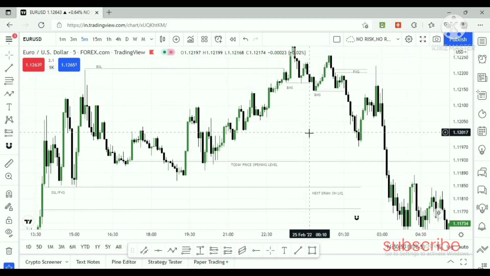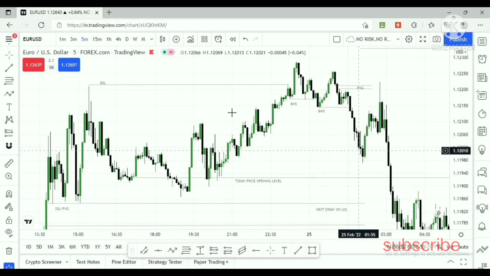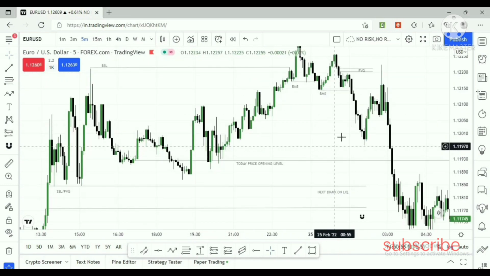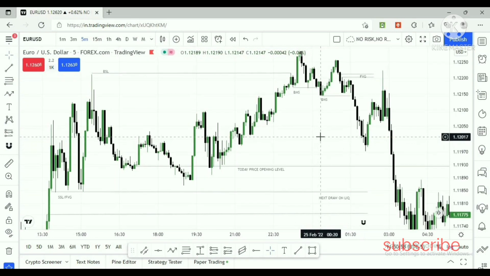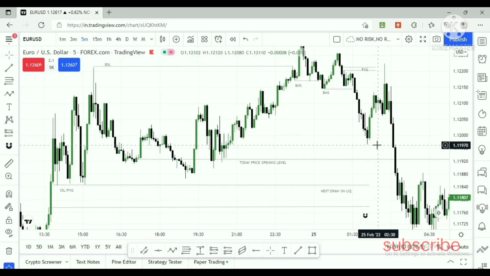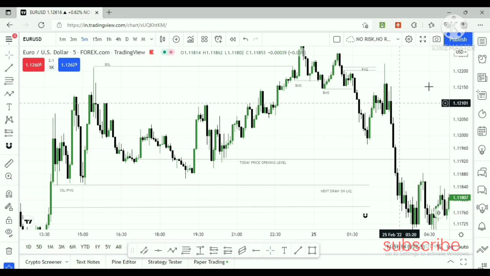See guys, you can see market makers always move the market to liquidity. This is the market maker footprint. Market makers always cut to the old low or old high to grab the liquidity, that is buy side liquidity and sell side liquidity, and they always move the market to the imbalance to rebalance. That's all, guys.